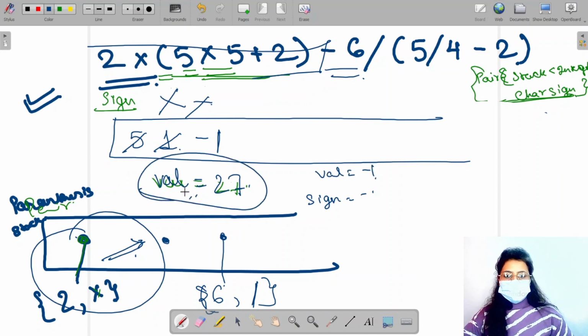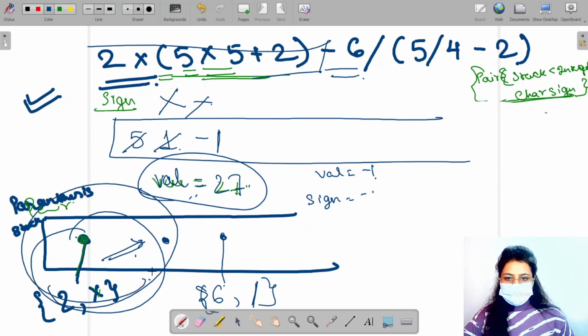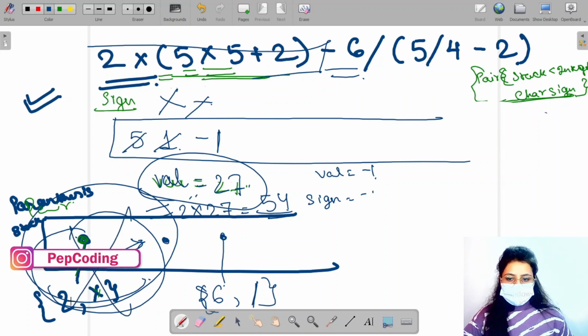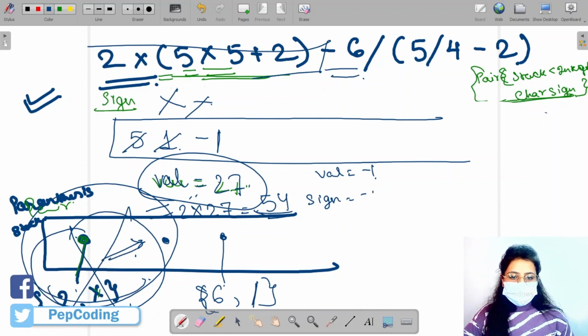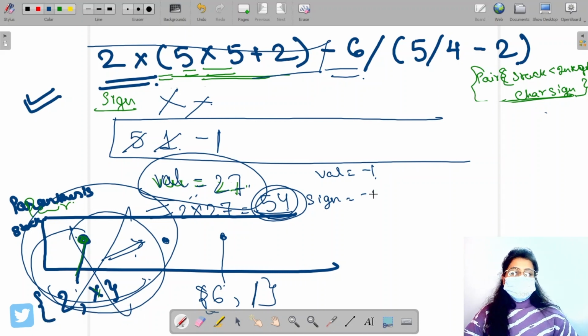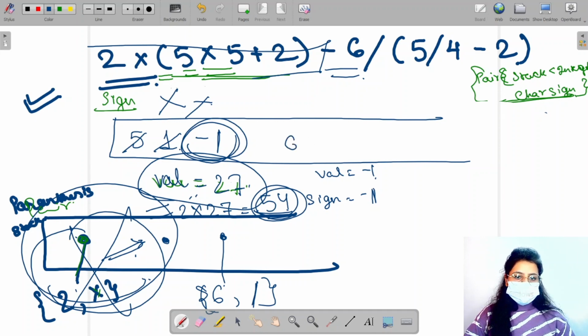This value first gets multiplied by this one. So this will give 2 into 27, which is 54, right? So this will get popped out from this parenthesis stack now and has given the value 54, right? For this -1, this will first get divided by 6. So 6 divided by -1 would be -6, right?